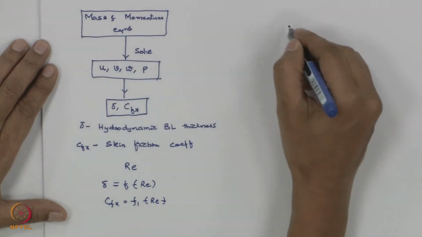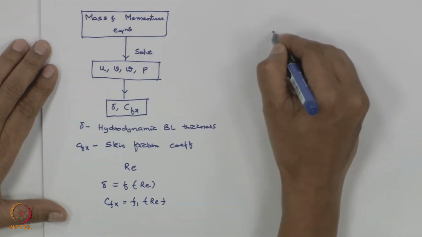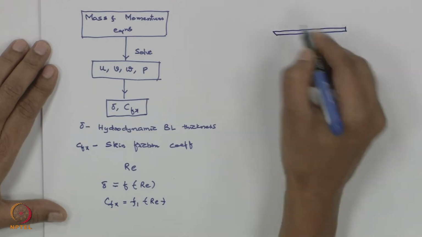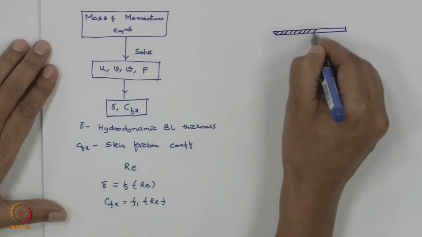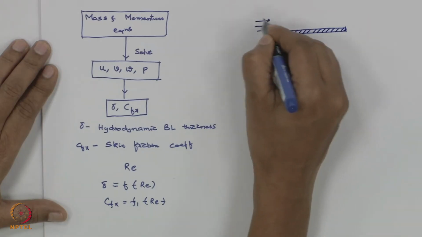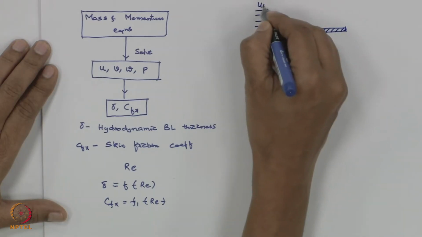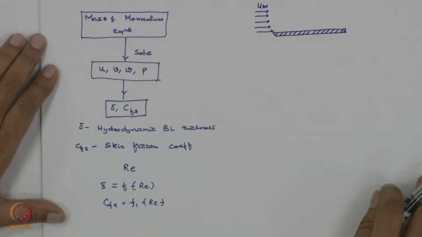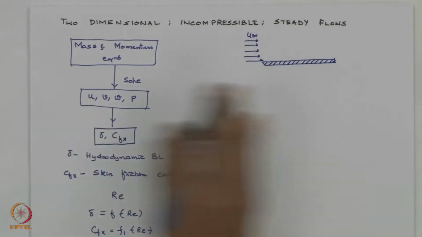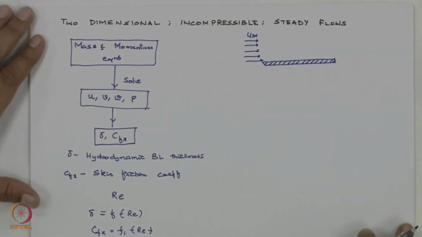Just to make you understand what boundary layer thickness is, because I have not introduced it, let me take a flat plate and assume there is a free stream velocity u infinity flowing over it, like this paper of mine with air just flowing over it.